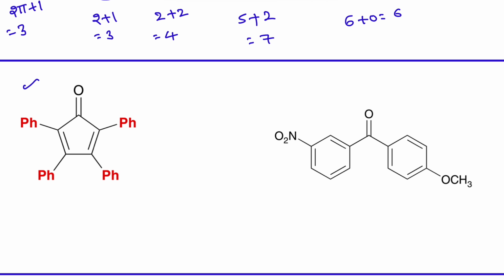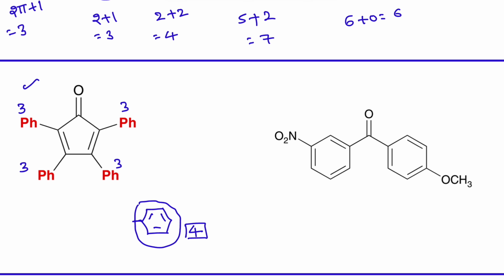Next one, Ph is the abbreviation of a phenyl ring. So here phenyl ring is present four times. In case of a phenyl ring, the degree of unsaturation of each phenyl ring is 4 because there are 3 pi bonds and a ring system. So to avoid confusion, here 3 pi bonds, here 3 pi bonds, here 3 pi bonds, here also 3 pi bonds.